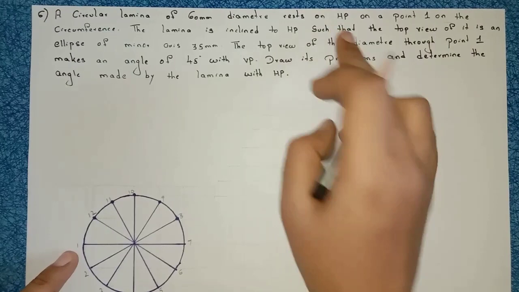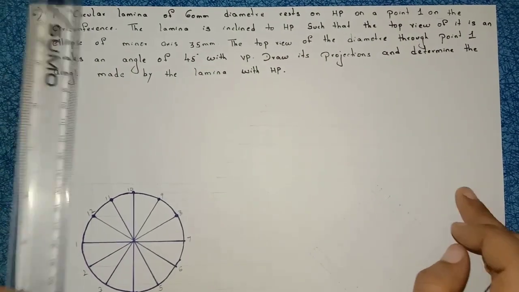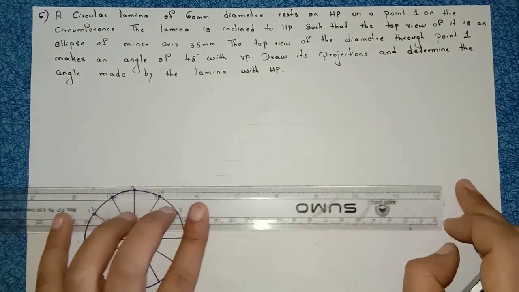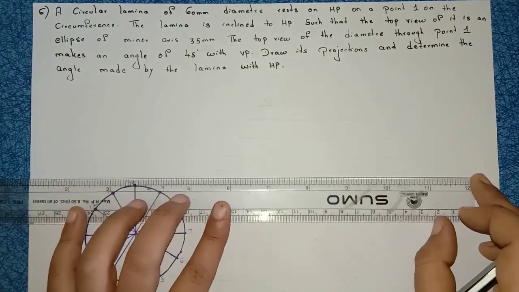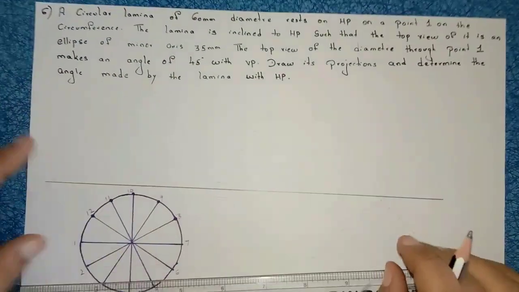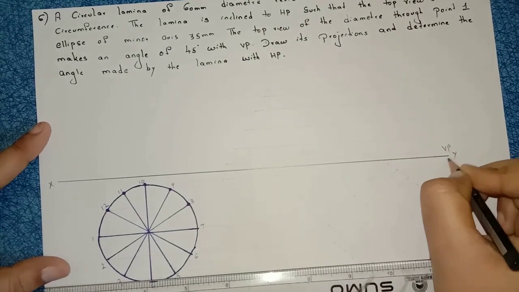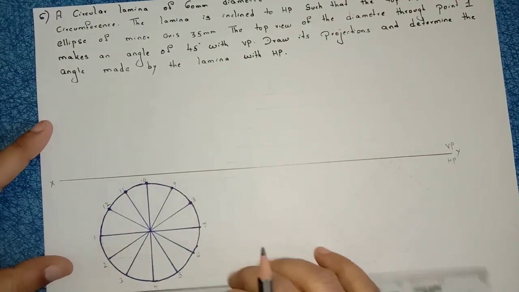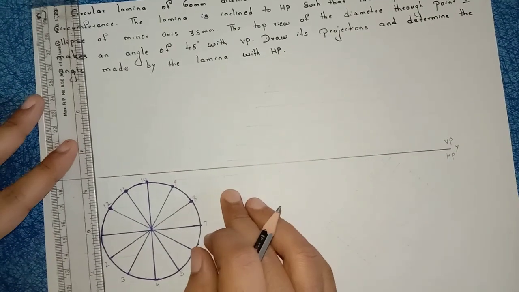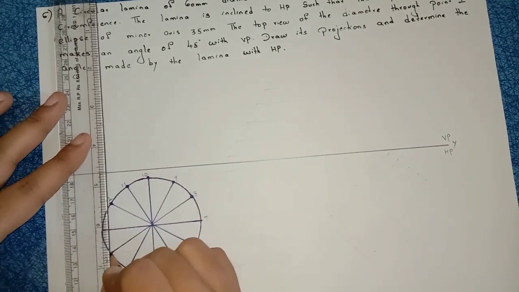See, point 1 is resting on HP. After constructing the circle, leave a 5 mm gap. Draw the reference line of any length. Name it as XY, vertical plane and horizontal plane. So after constructing the circle, from point 1 project the line till the reference line.